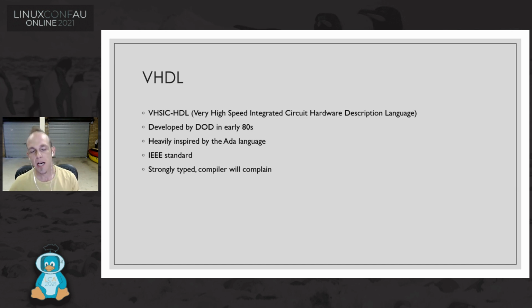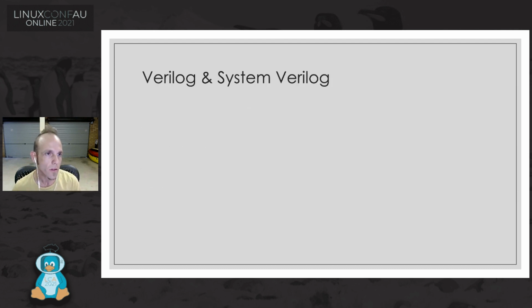The most interesting thing about VHDL is that it's a strongly typed language, and the compiler will complain if your types don't match up between modules. When you're describing these circuits, it uses a hierarchical modular design, kind of like Russian dolls, where you have the top level design, and within that, subsystems all the way down to the smallest components.